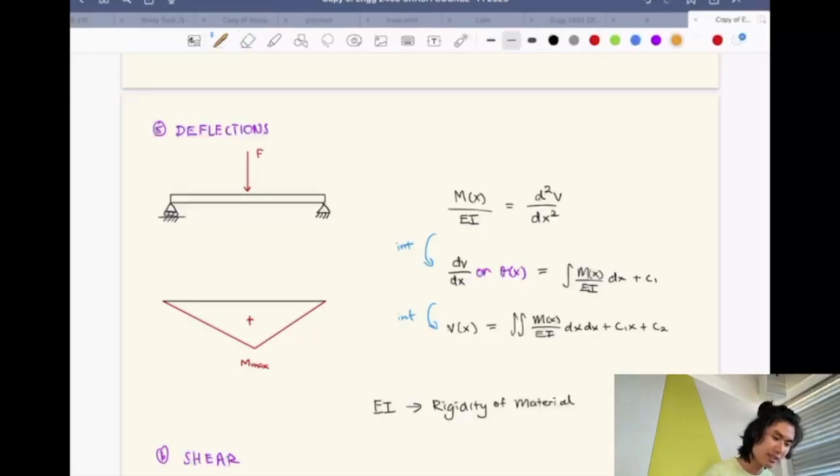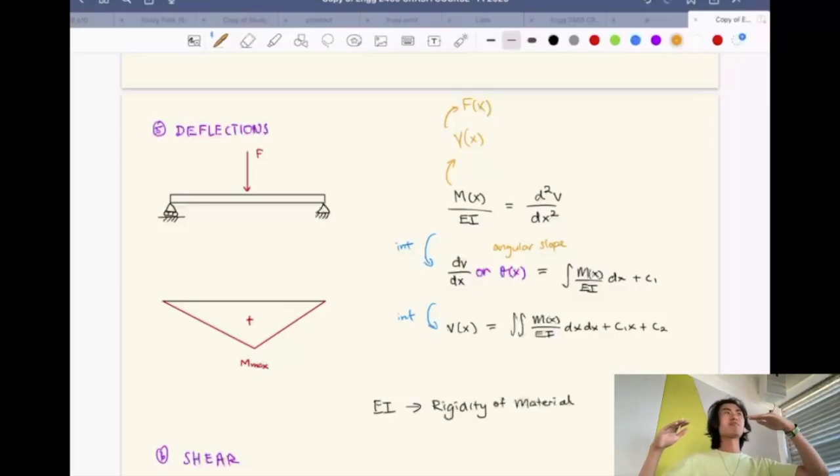Usually with this M of x, it's going to be your shear, which is capital V, and then it's going to be your forces, right? Going further and further down the list, this is your angular slope, the slope at which it bends. It's an angle, and then this is going to be your deflection equation.